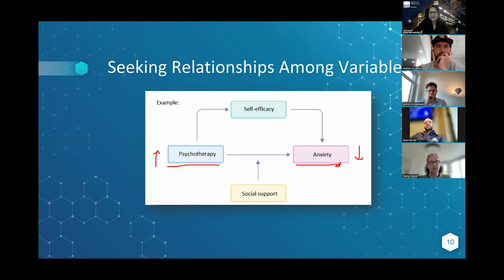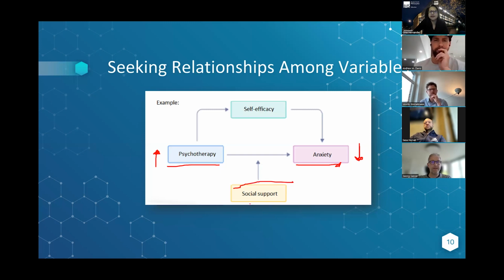But then imagine that we are in fact observing this phenomenon that we are predicting. Our hypothesis is being confirmed, but we don't know if the reductions in anxiety may depend on, for example, social support.